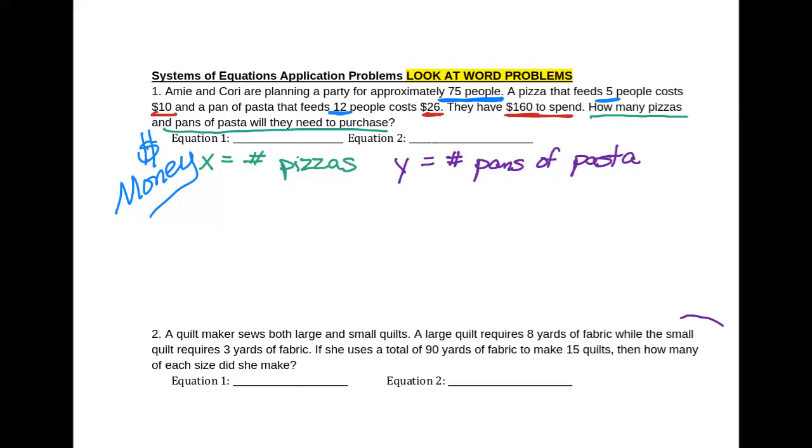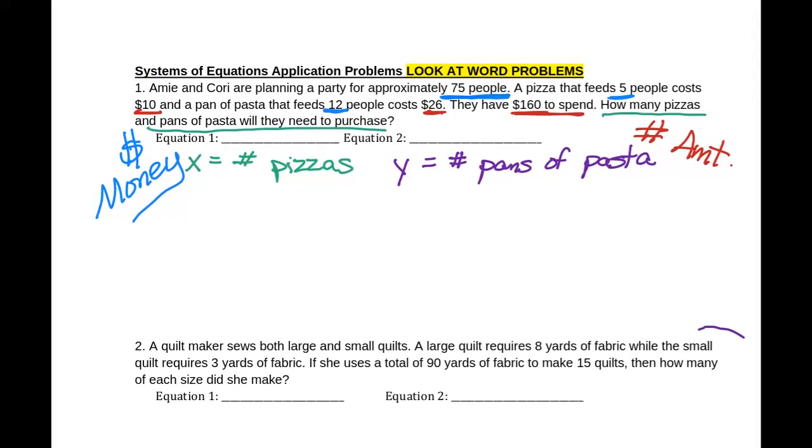Anything that has to do with a number or amount is going to go in the other equation. Okay? So think about and look at the money. It says a pizza that feeds 5 people costs $10. $10 is definitely money. So let's put $10 down here to begin with. And that is for a pizza.